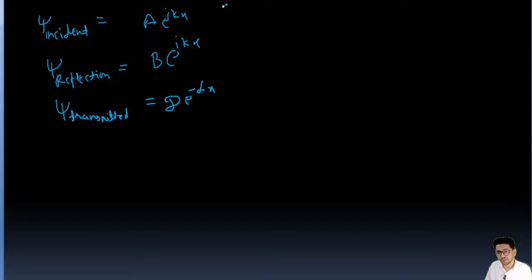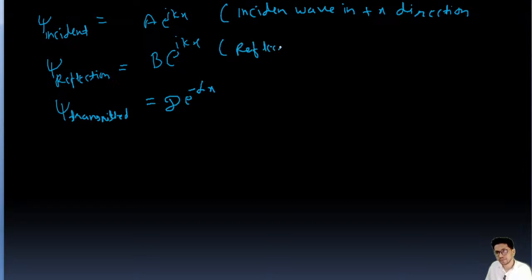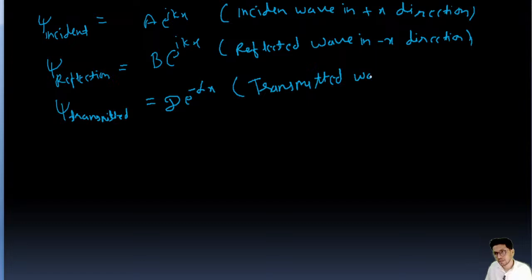Okay, this is the incident wave in plus x direction, and this is the reflected wave in minus x direction, and this is the transmitted wave in region 2.